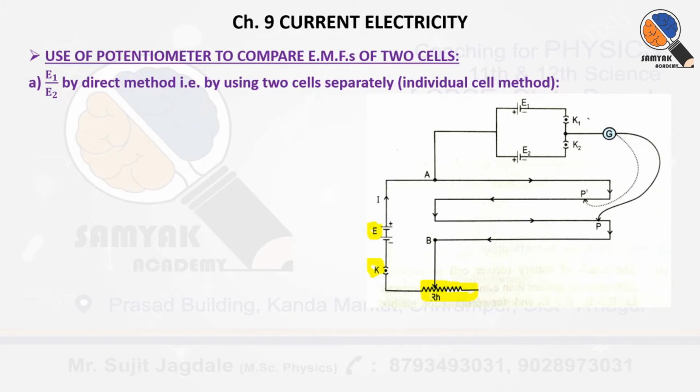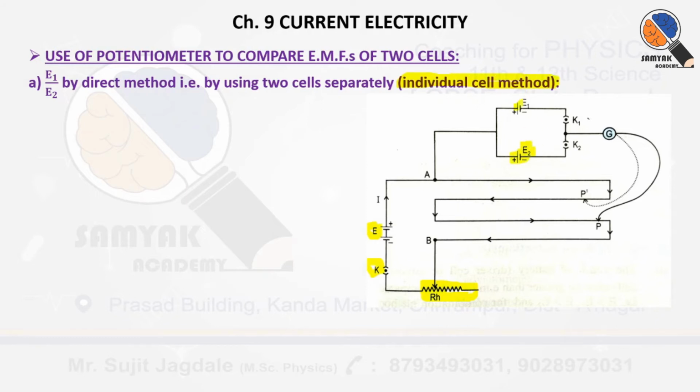So you can take the rheostat also or resistance box also. And again this A terminal is commonly connected to the positive terminal of the cell E1 or E2. Either E1 will be in the circuit or E2 will be in the circuit, because we are using the individual cell method. So either we have to take cell E1 or we have to take cell E2.